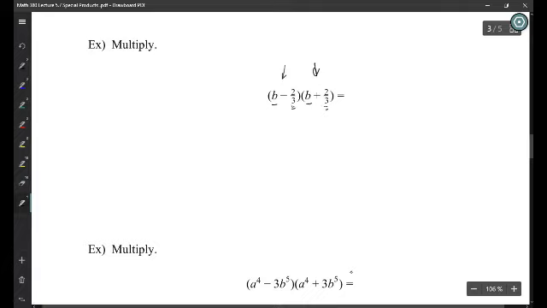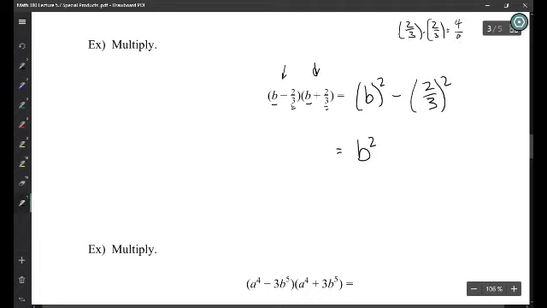So we can, and we get b squared minus, as that's built into the formula, 2/3 squared. b squared is b squared, and 2/3 squared is straight across: 2 times 2, 4, 3 times 3, 9.